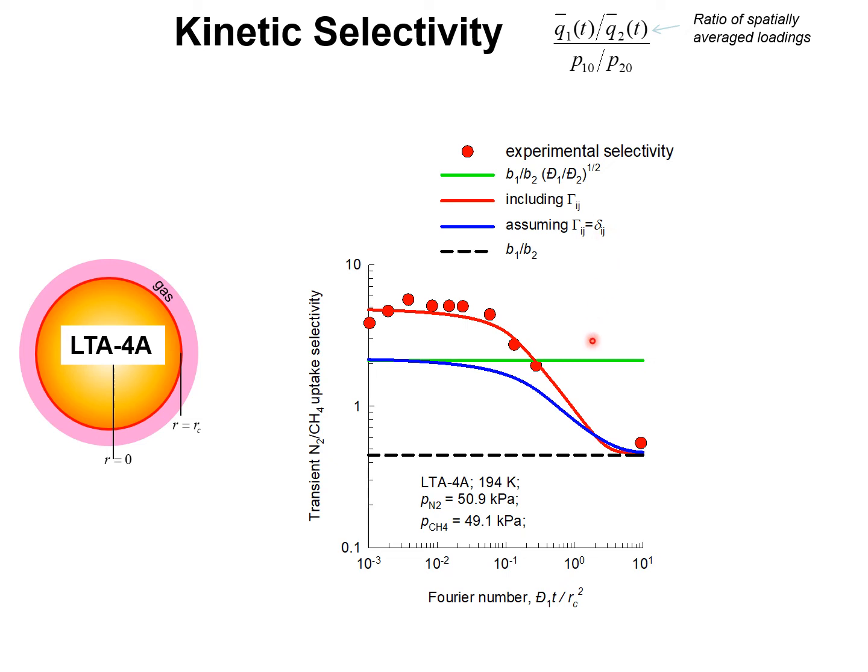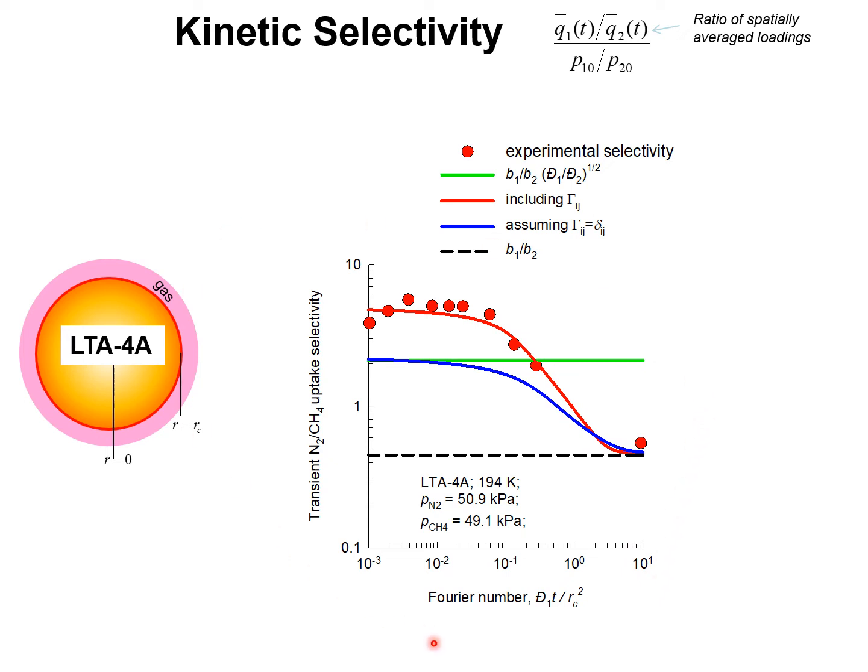Put another way, the commonly used formula is based on a model that is not in quantitative agreement with the Habgood experiments. Also shown on this graph by the dashed line is the adsorption selectivity, that is the ratio of the Langmuir constants.